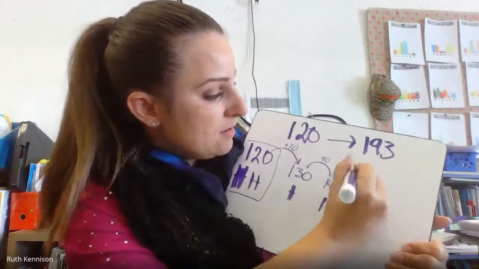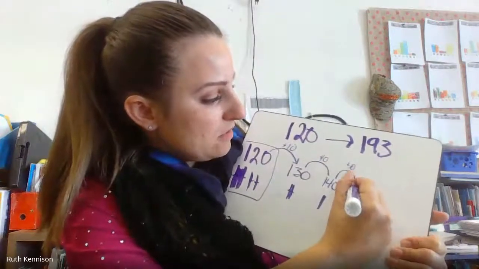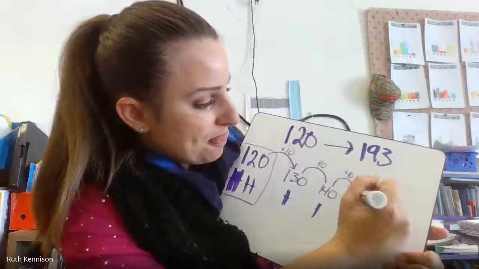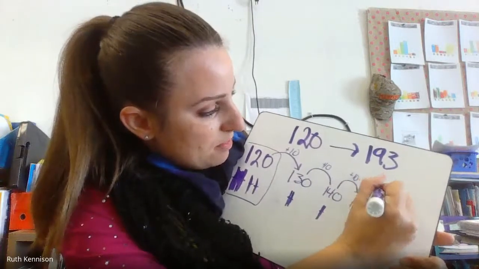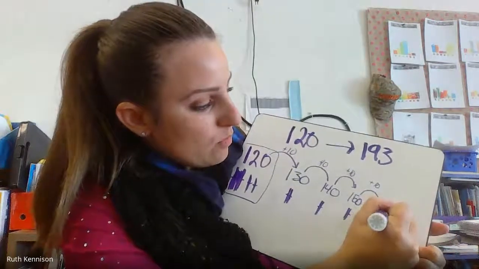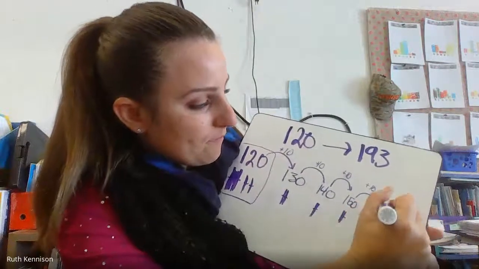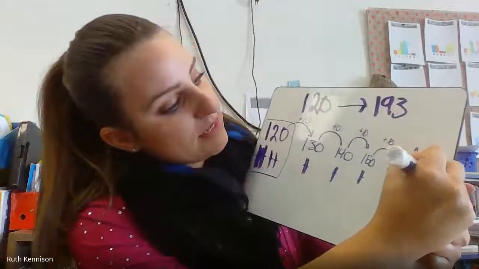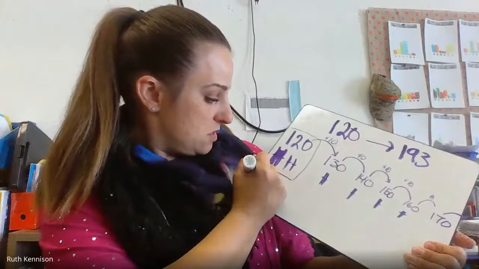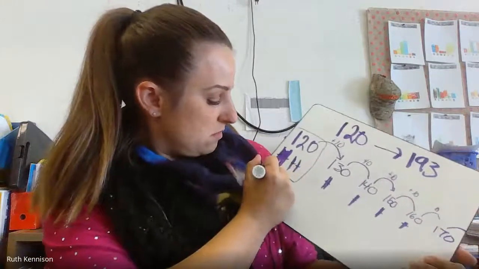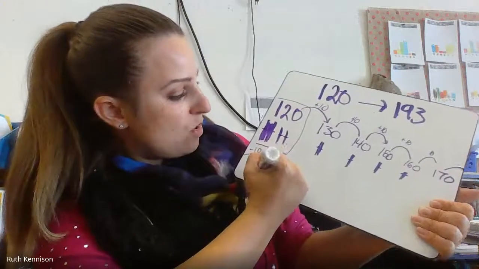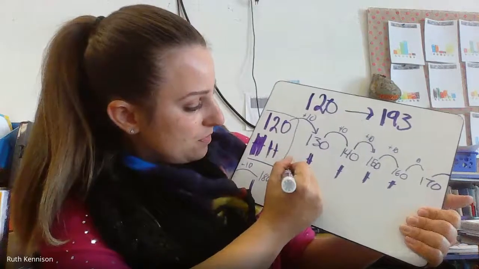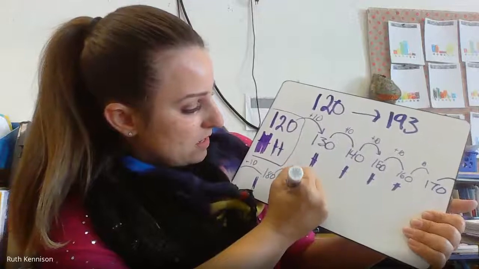Plus 10 gets me to 150. Plus 10 more, now I'm at 160. 10 more, now I'm at 170, and then I'm going to hop down here. 10 more lands me at 180. Then we get to go to 190.